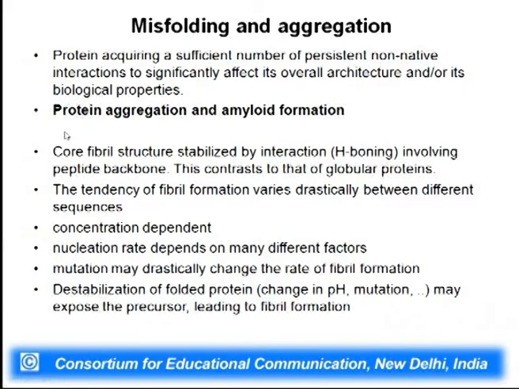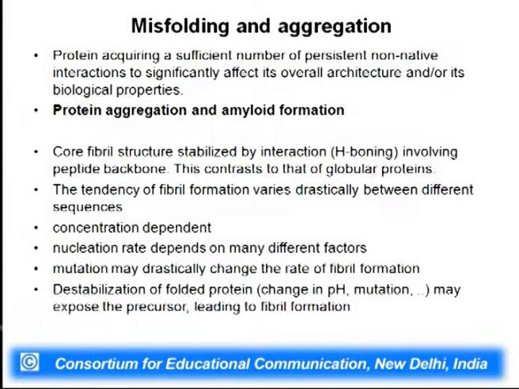Mostly you will find how it progresses, that there is a core fibril structure which has all the hydrogen bonding involved in the peptide backbone, and the tendency of this fibril formation varies drastically between sequences. So, there are some sequences which tend to form more aggregates and some sequences which will not easily form aggregates. Then there is a concentration dependence, as we have discussed. Then nucleation rates may depend on the protein itself.